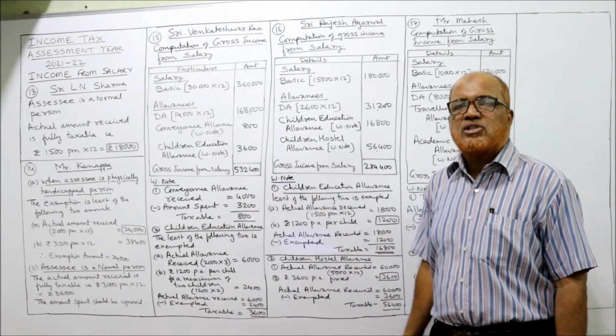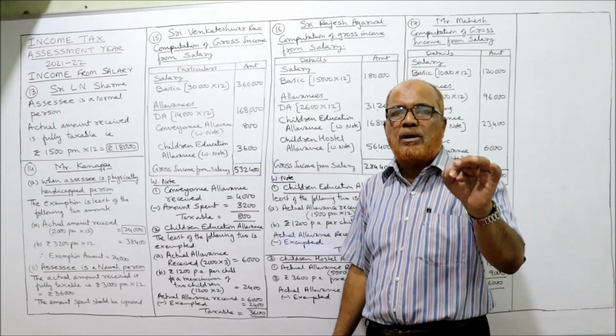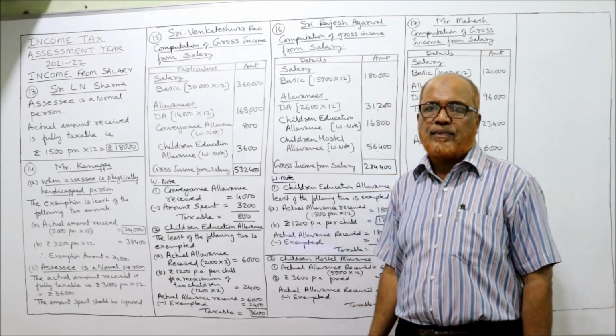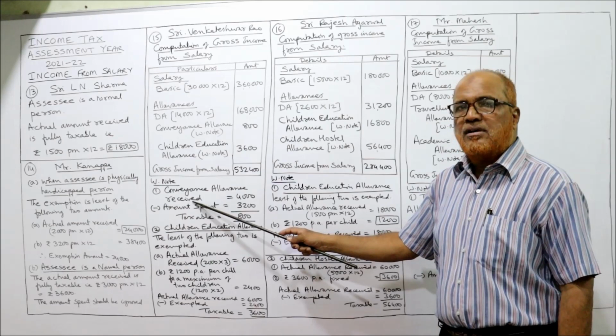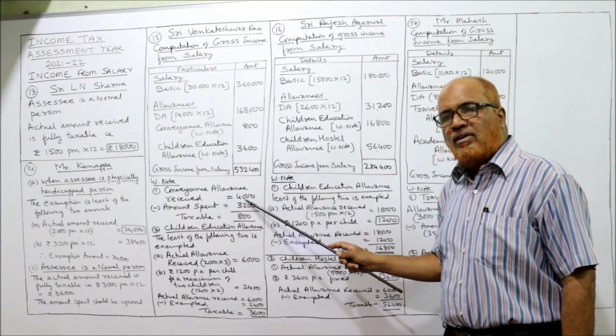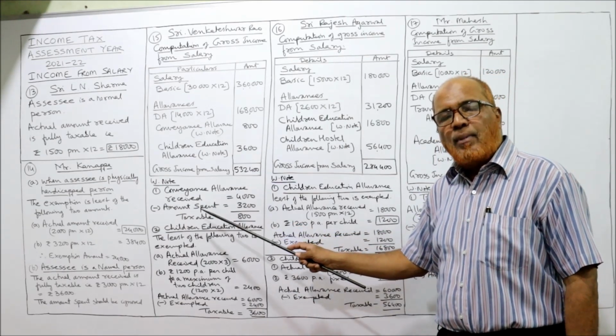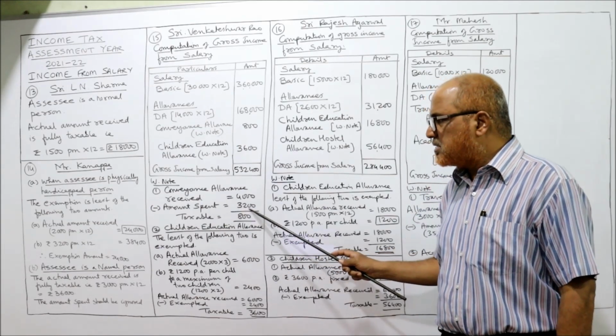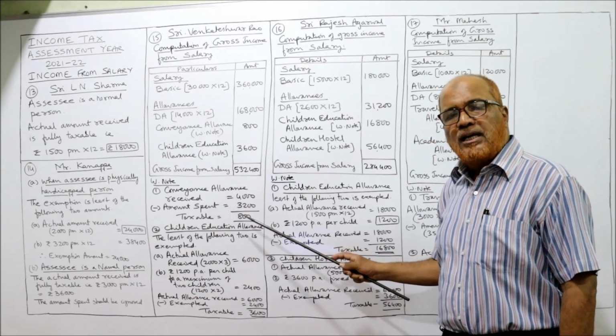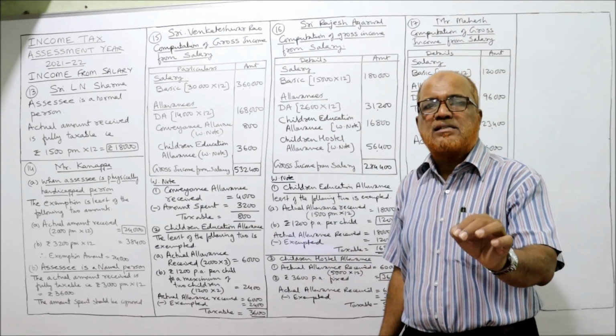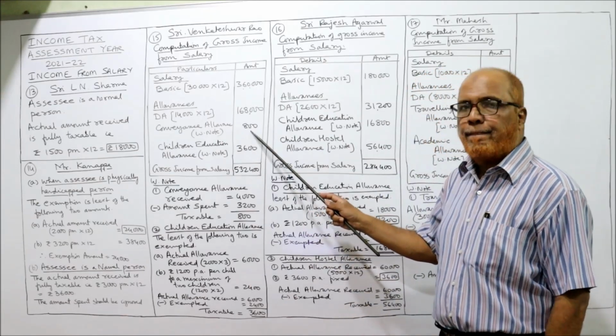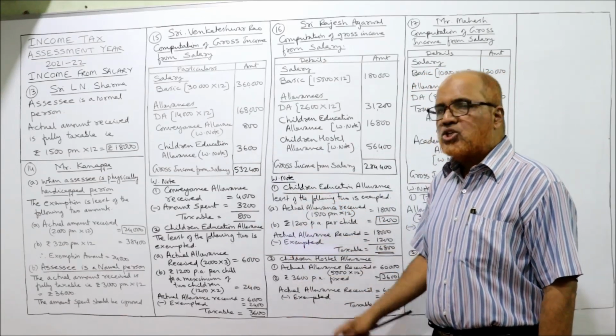In the working note, I am explaining the taxable portion of allowance. First conveyance allowance. The conveyance allowance received is 4,000 and the amount spent on conveyance is 3,200. Deduct, 800 rupees is the taxable conveyance allowance. Now children education allowance.